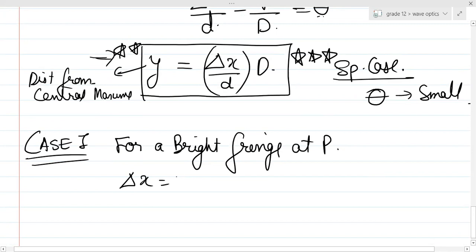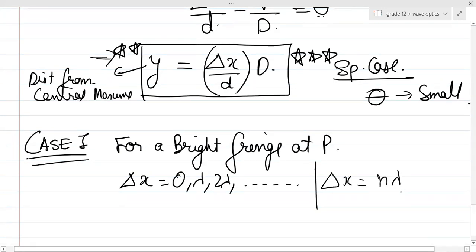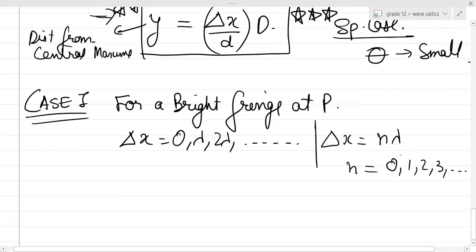The delta x can be 0, it can be lambda, it can be 2 lambda, and so on, right? Yes or no? Generalizing, delta x is equal to n lambda. Does anyone remember this was written? Where n was starting from 0, 1, 2, 3 and so on.